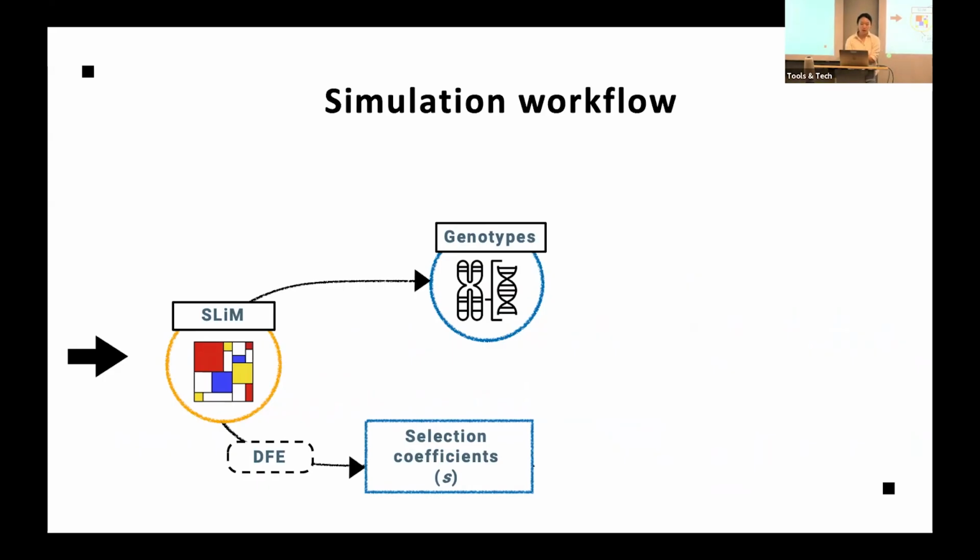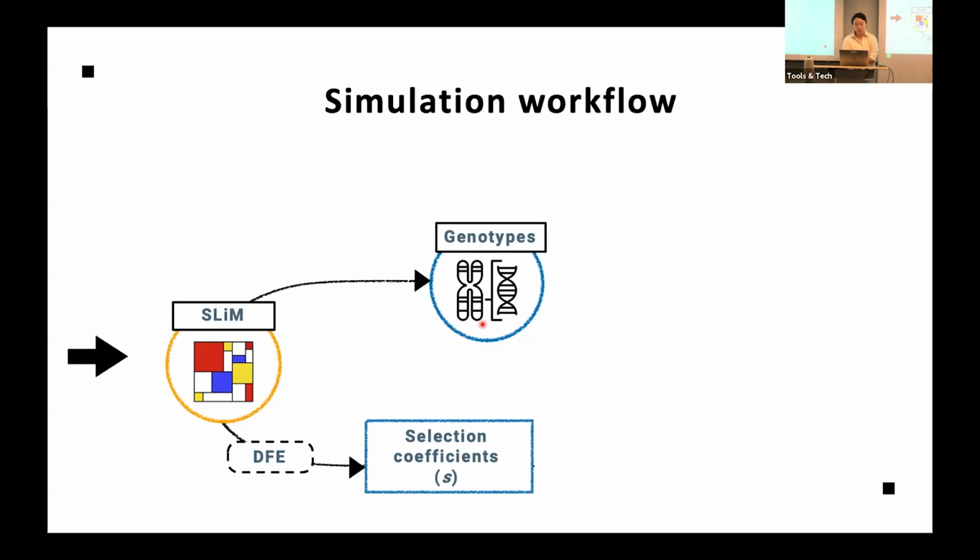But overall, at the end, we'll have the simulated genotypes of the individuals or haplotypes as one of the outputs, and that depends on what kind of output you prefer to have. Is it a VCF file or a text file, etc.? And because we incorporated that DFE model, we will also have the selection coefficients of the mutations as output as well.